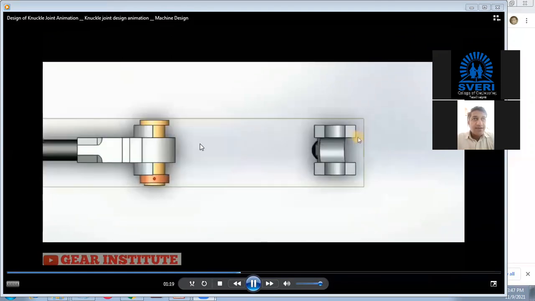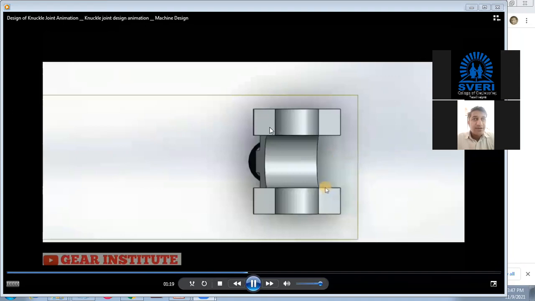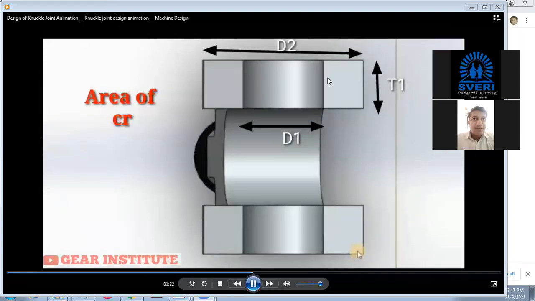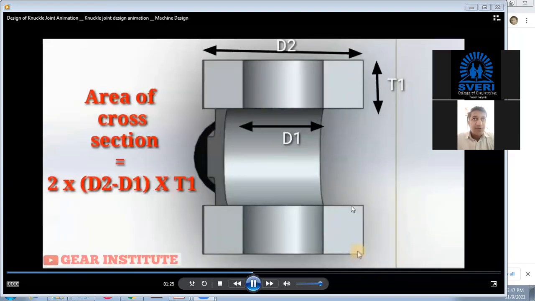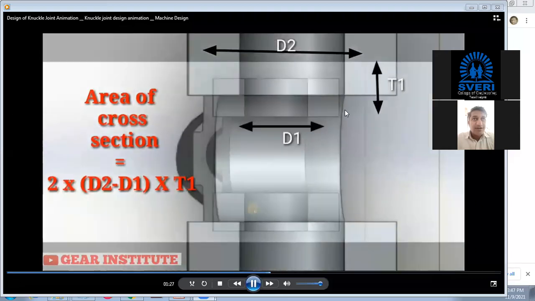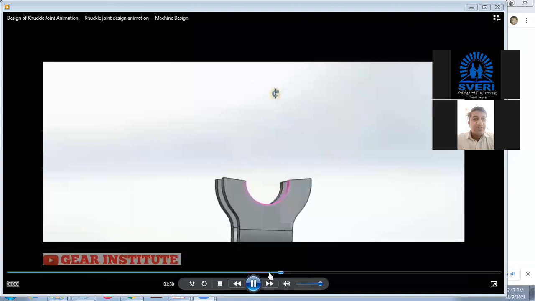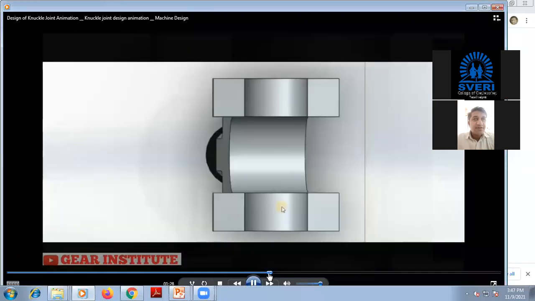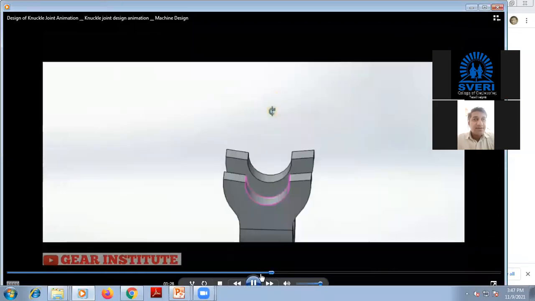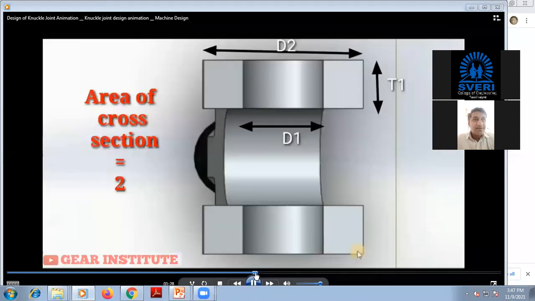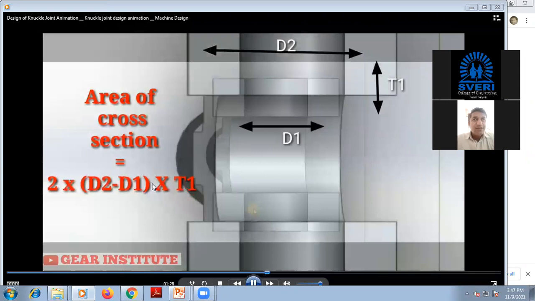So if this double eye is going to shear out, if it is going to fail in tension, then these 4 areas which are resisting that are calculated as 2 into (d2 minus d1) into t1. T1 is the thickness.